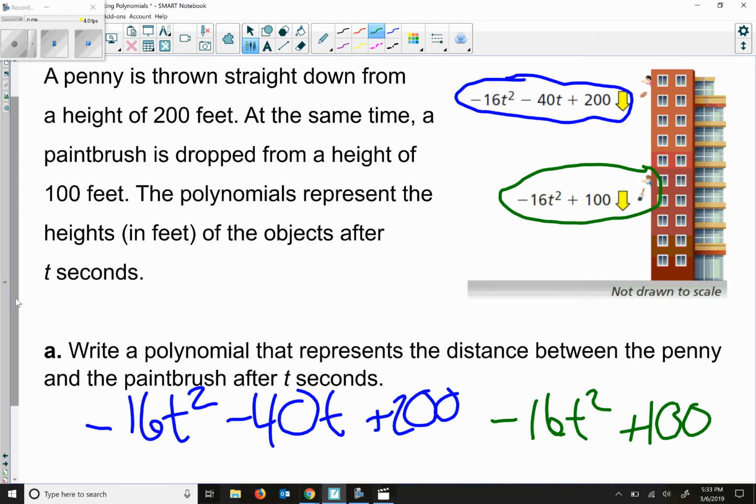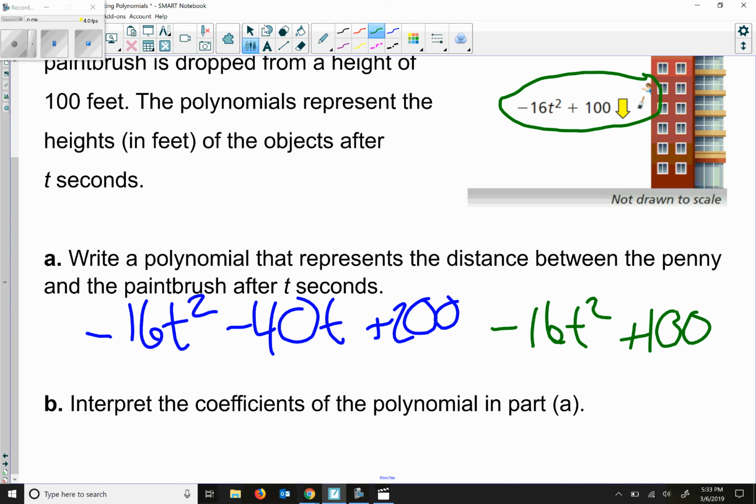So in the end, sorry, I gotta scroll down just a little bit. In the end, your answer would turn out to be negative 40t because your negative 16t's end up canceling each other out. So you would just have negative 40t and then plus 300.